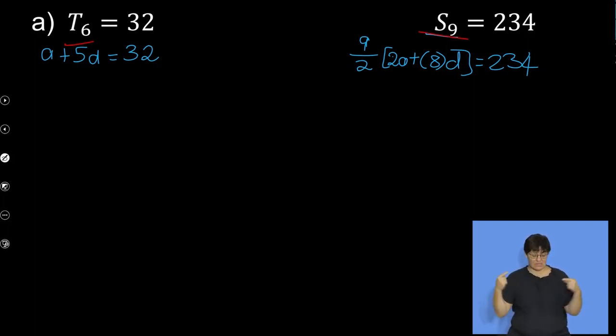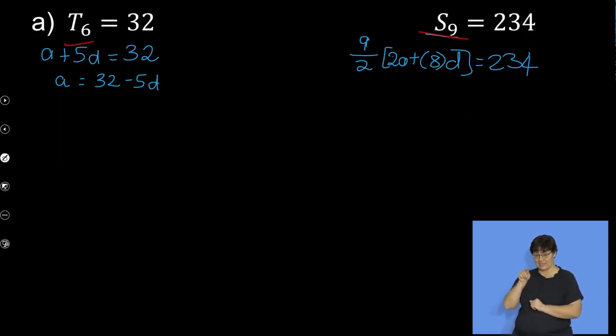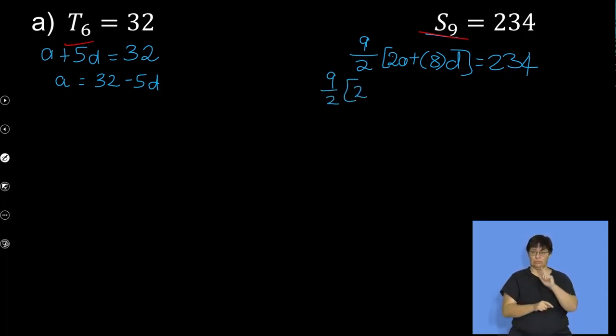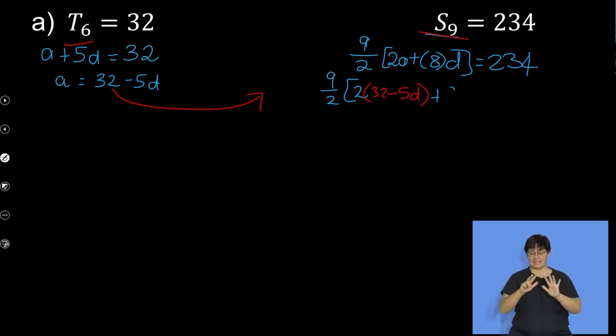I'm going to be solving simultaneously for this, but first I'm going to isolate A on my left-hand side. So A will be equal to 32 minus 5D. I'm going to substitute this in on the right-hand side. So I'm going to have 9 over 2 times 2 times 32 minus 5D plus 8D is equal to 234.